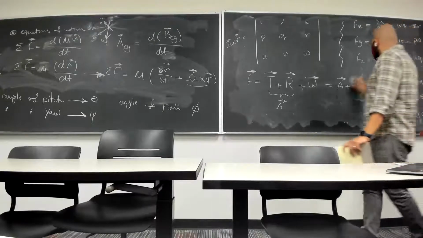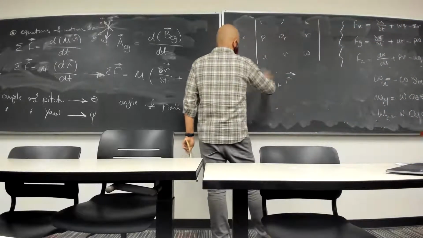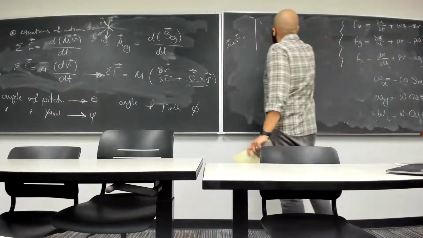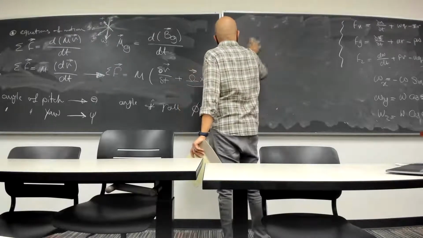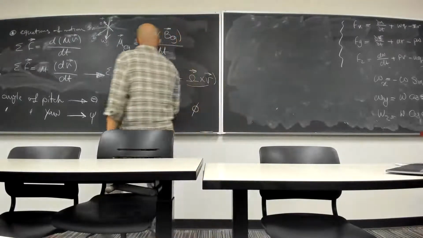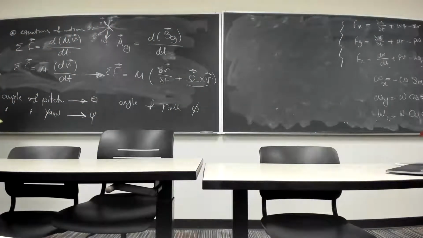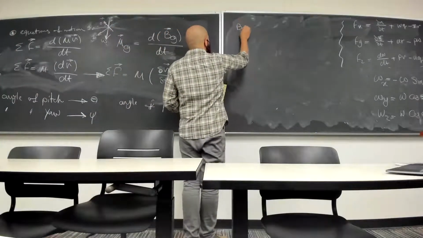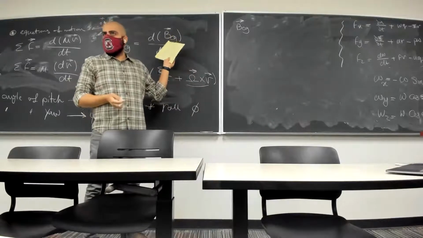So let's go back to the angular momentum and the angular velocity and try to move that a little further. Okay, so we have this equation. Who remembers the equation for angular momentum? Have you seen angular momentum in your dynamics?